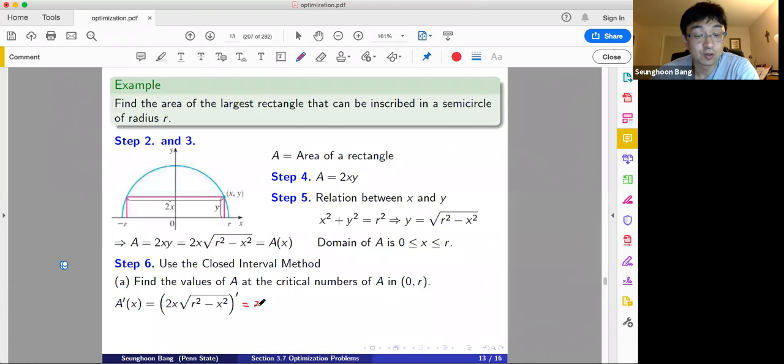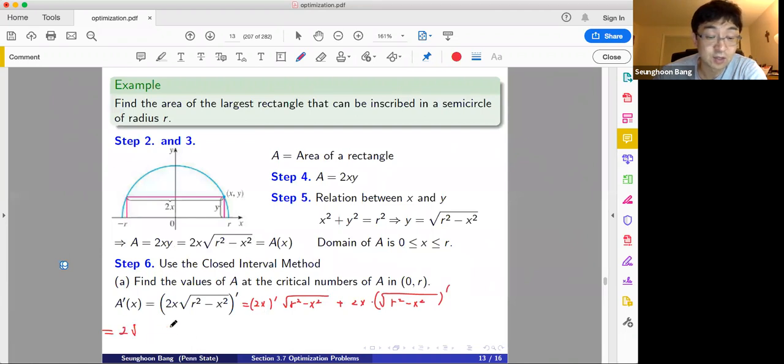We can use the product rule. So 2x prime times the square root of r squared minus x squared, plus 2x times the derivative of the square root of r squared minus x squared. The 2x prime is just 2, so we have 2 times the square root of r squared minus x squared plus 2x times the square root of r squared minus x squared, prime.